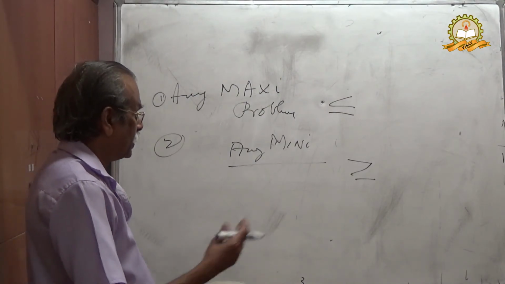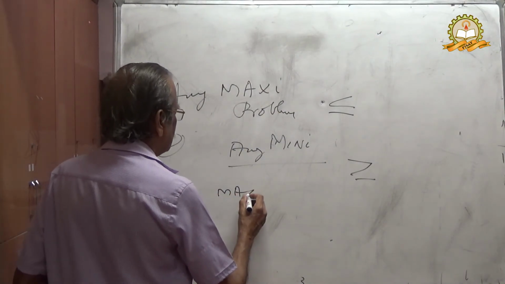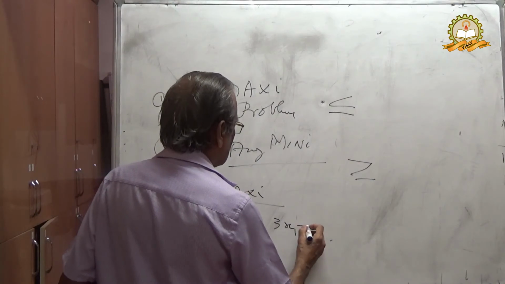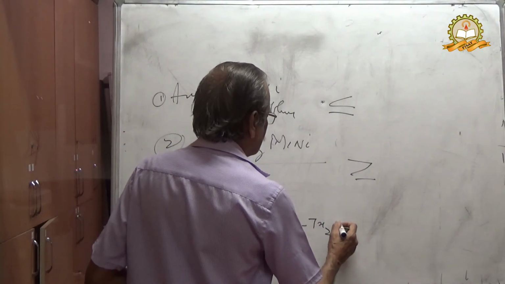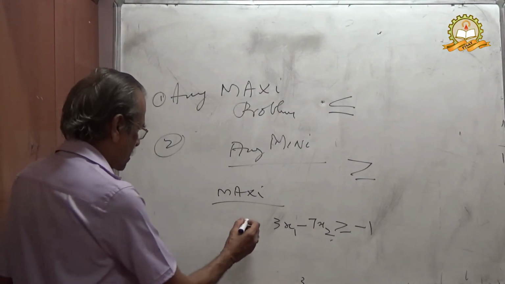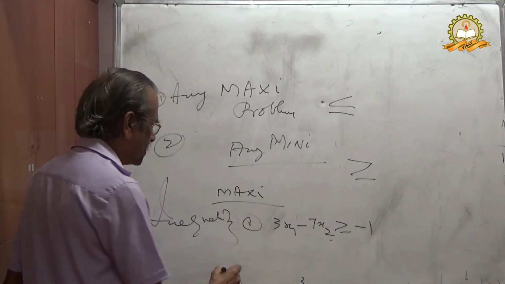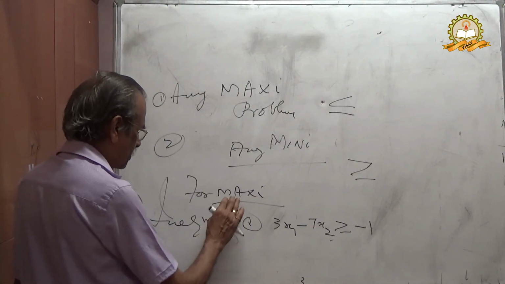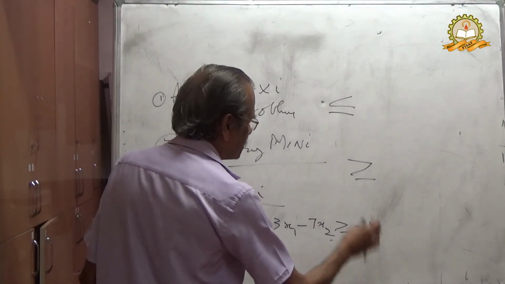Then, in certain cases, a maximization problem is given and the inequalities are given in this form, for example 3x1 minus 7x2 greater than or equal to minus 1.